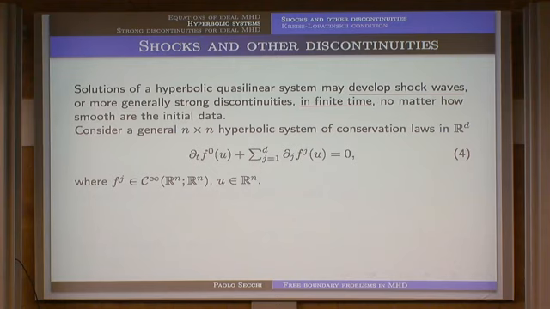The space dimension is D, so in R^D. The system is n by n. So u, the solution, takes values in R^n, n components. The F_j are nonlinear smooth functions from R^n to R^n. So here we have n unknowns and n equations.